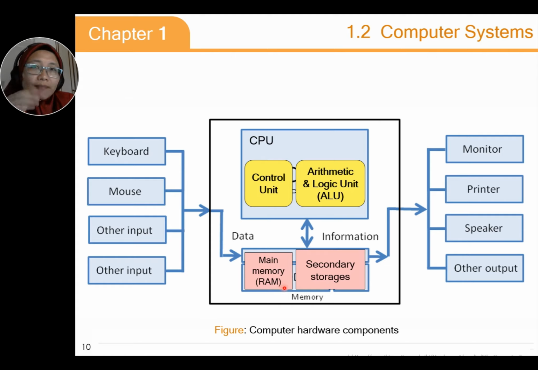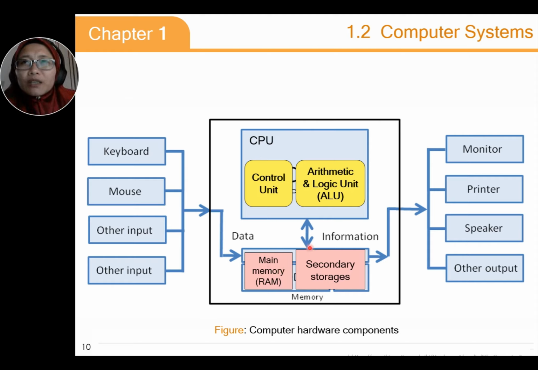So RAM, main memory. Then we have our secondary storage. Data is sent from the input devices into memory. So we have RAM, the main memory, and the secondary storage. What's the difference between these two? We'll look at that in the next slide.